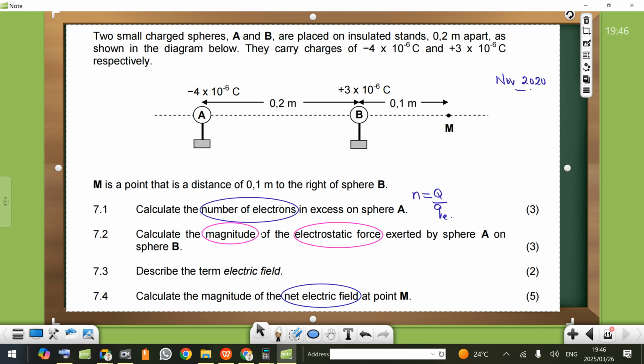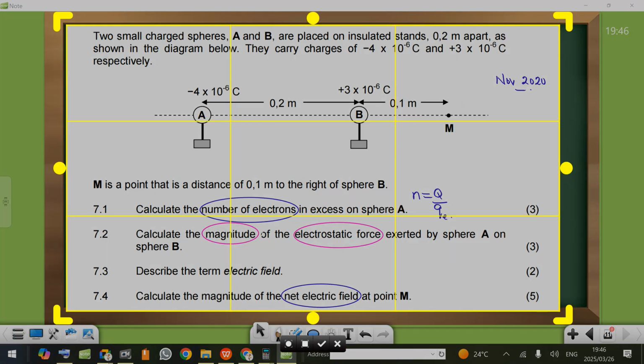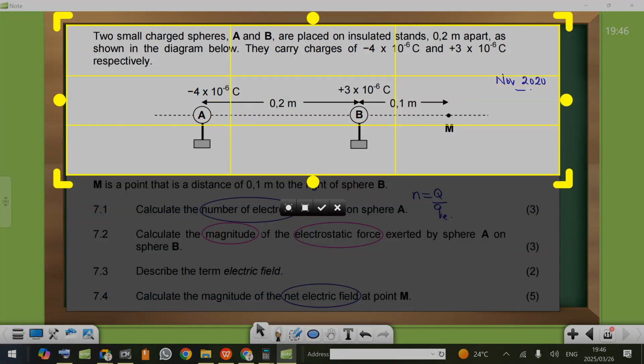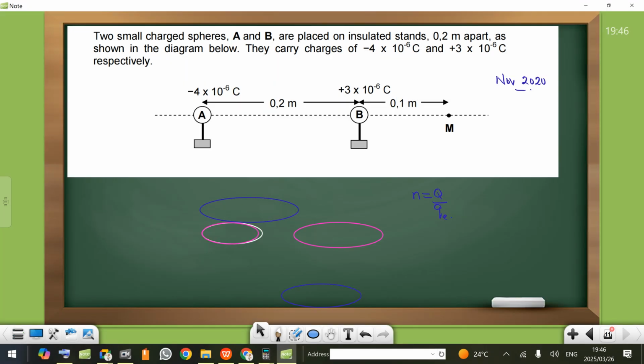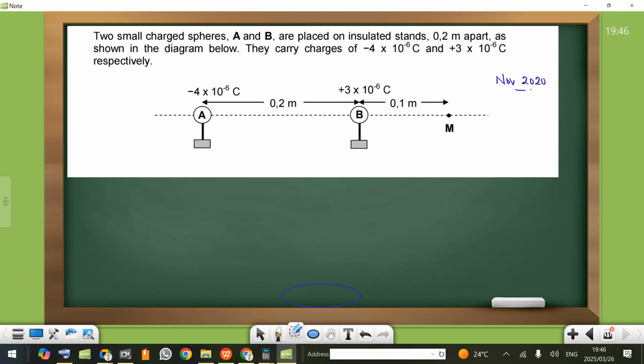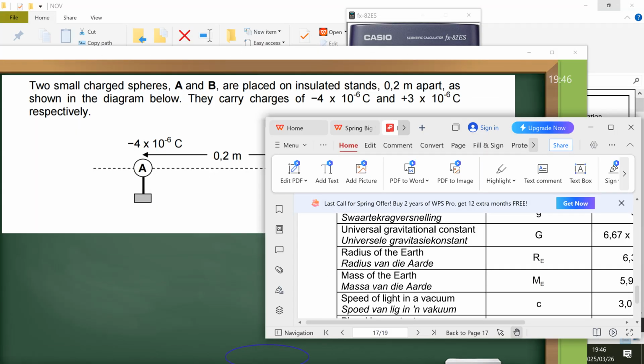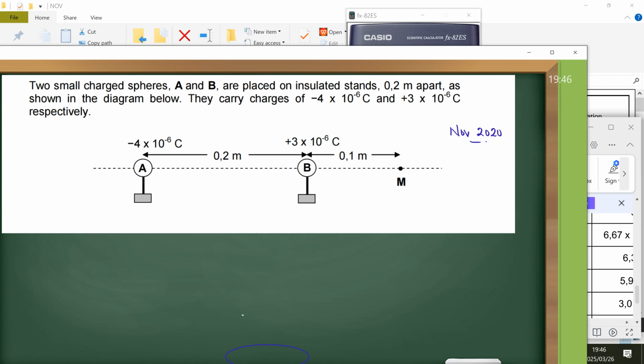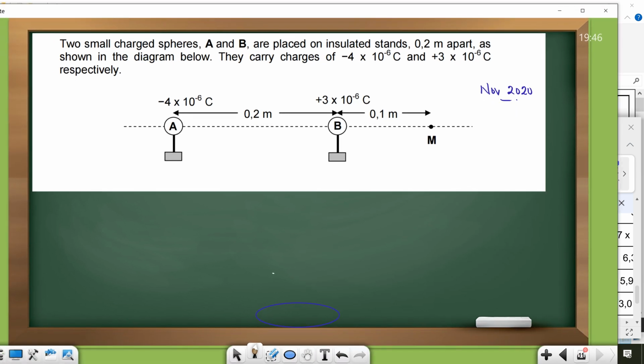I don't know what's going on today with this board, but okay, I got what I wanted, and we just managed through. Guys, let me just manage whatever I see, as long as you can see.